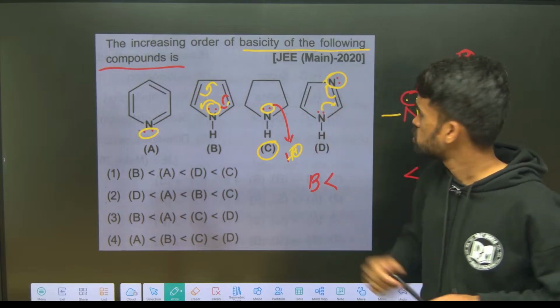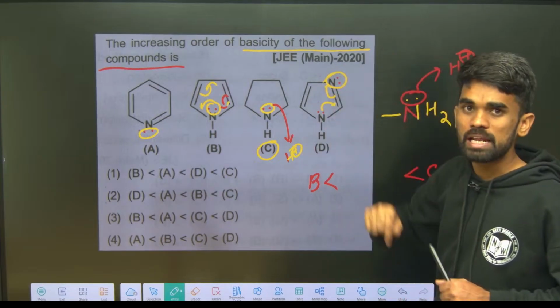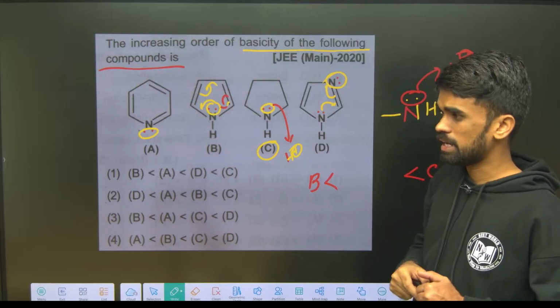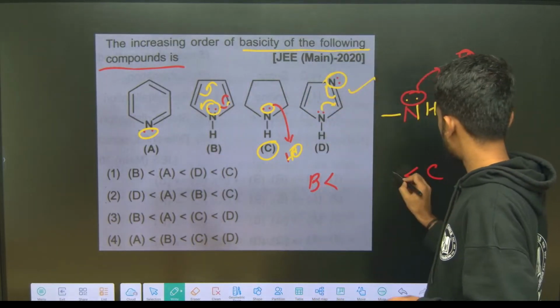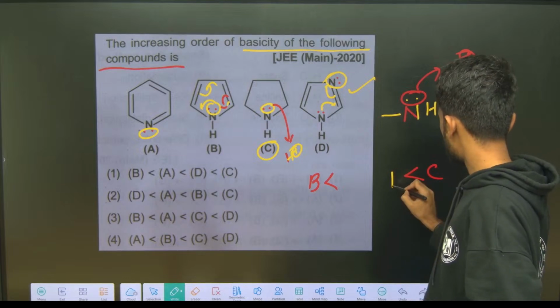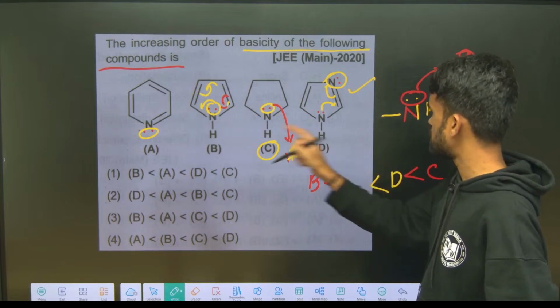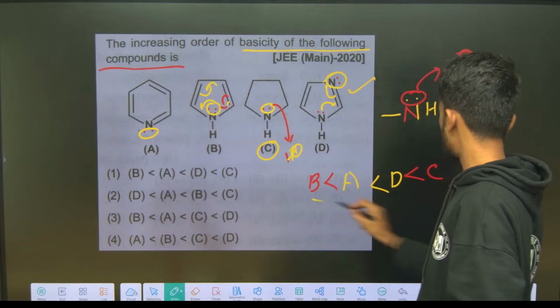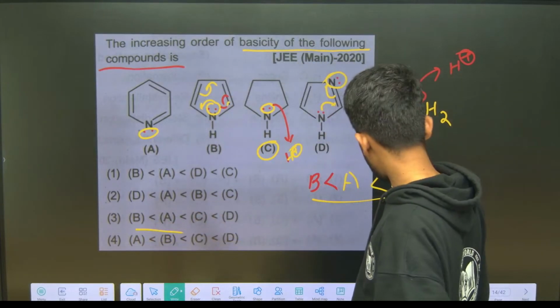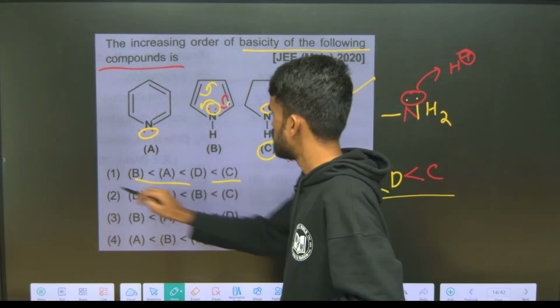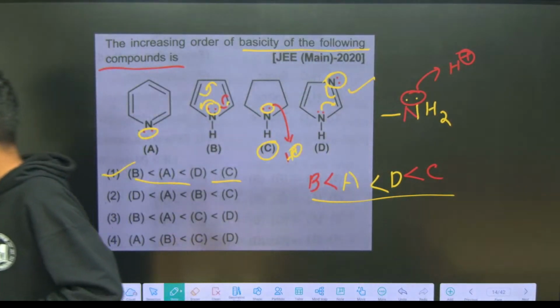So it can easily donate lone pair electrons to a proton, like a good base. So this is the next basic compound I am writing here, and after this A. So your order will be B, A, D, C. First option will be your answer for this question, right?